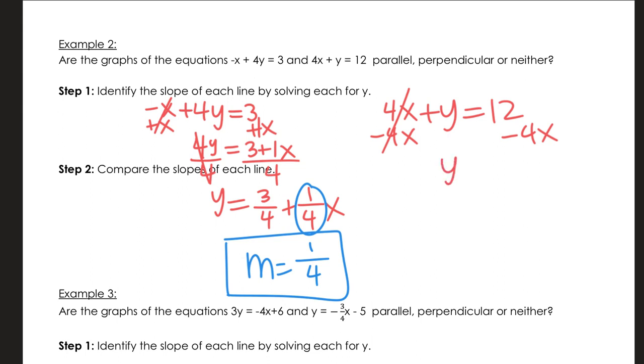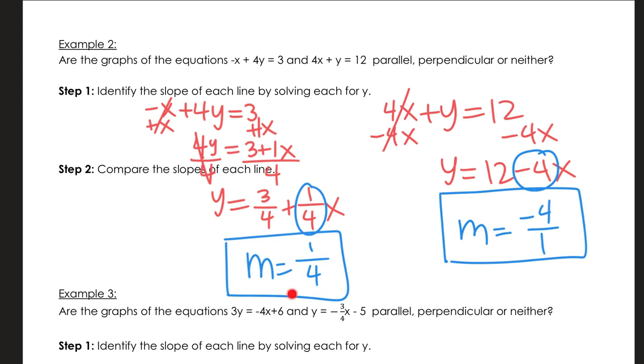Now I have a 1y, the y is by itself now, how nice, equals 12 minus 4x. Well, there you go. I have my equation solved for y. I don't need to do anything else. I can see that my m is right here, a -4 or -4 over 1.